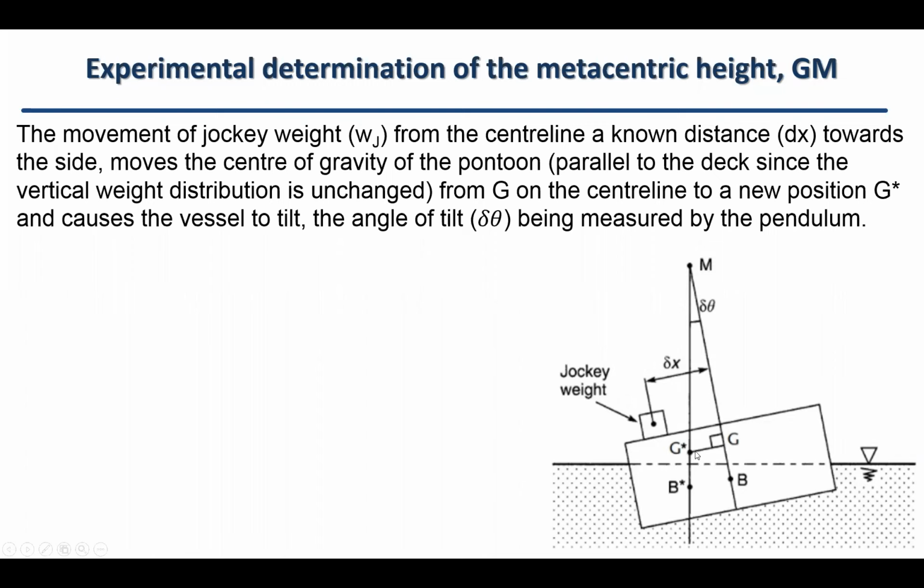So we have G to G star, and a tilt, with the angle of tilt equal to delta theta. We can measure this with a pendulum at the bottom of this pontoon in the laboratory experiment.